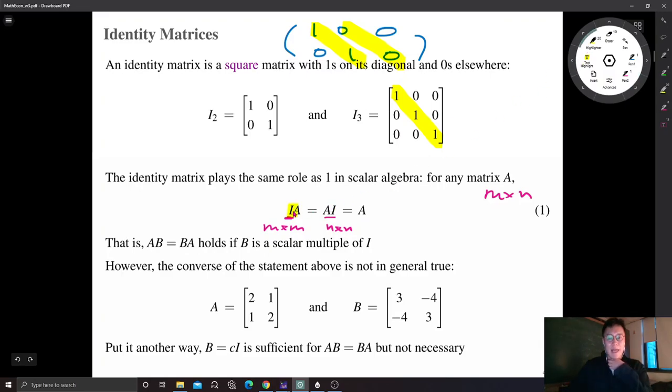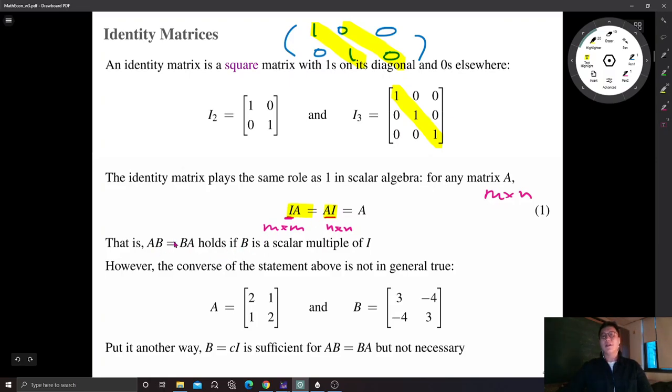So if we pay attention to the first relation, IA equals AI, then we can infer the commutative law holds as long as either matrix, either A or B, is a scalar multiple of the identity matrix. Because with scalar multiplication, we can always bring the scalar out and put it in front, and those two scalars are cancelled from both sides, so we have the same outcome.